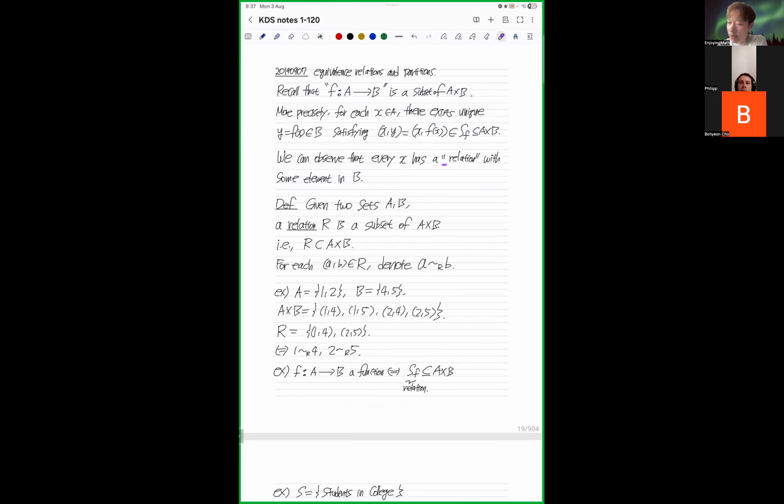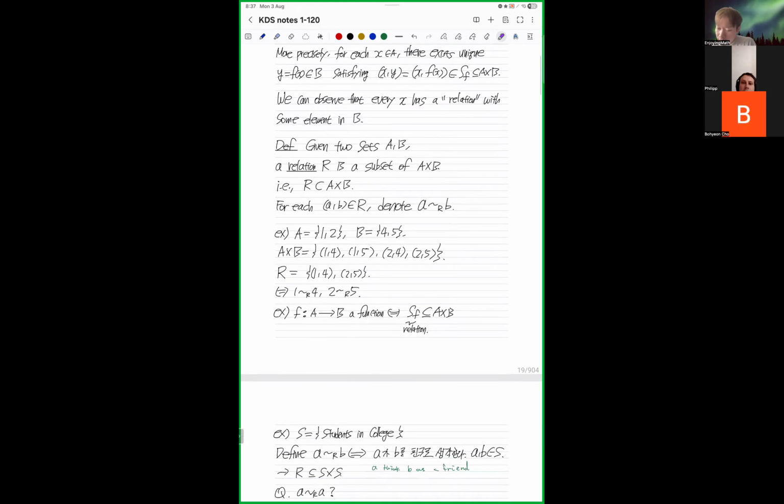So I think here it is introducing the term relation, but it is not a relation in the mathematical sense here. It is an example. Then we have a definition later, right? So here we have an official definition of relation.